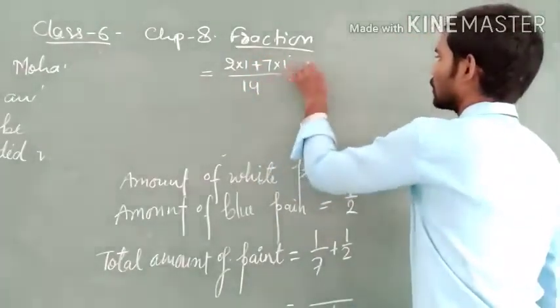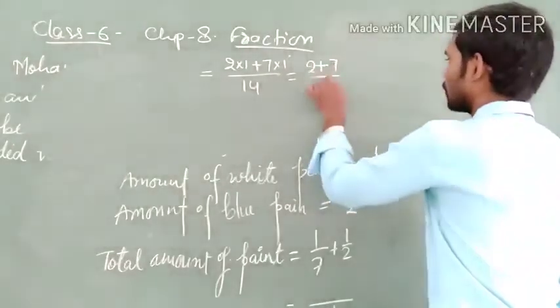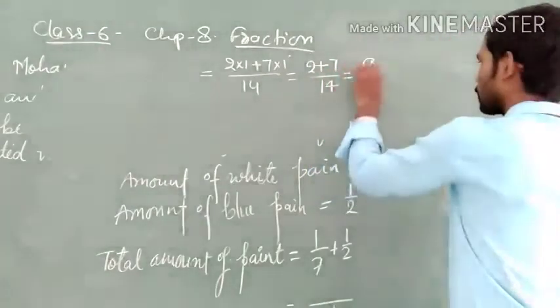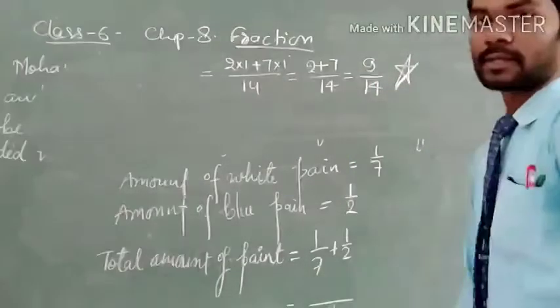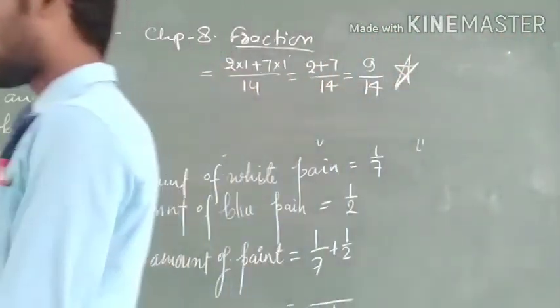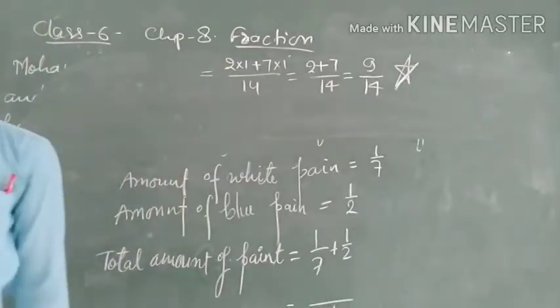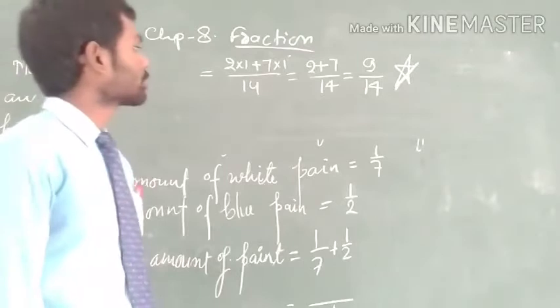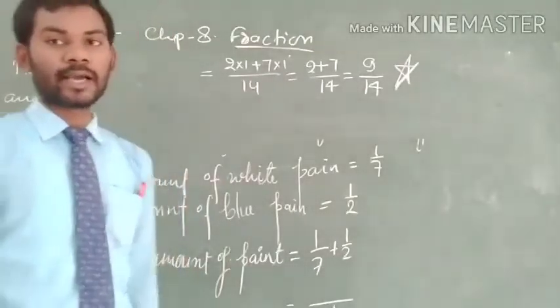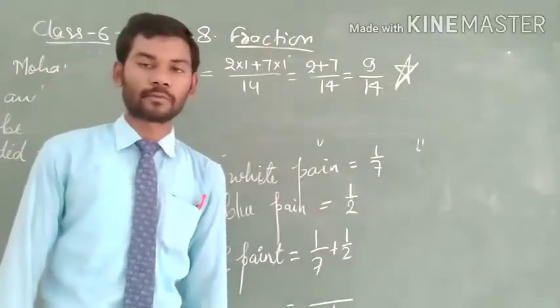Here we get 2 plus 7 upon 14, and this is equal to 9 upon 14, which is our required result. So 9 upon 14 will be the total fraction of paint that we have to paint the bedroom wall.